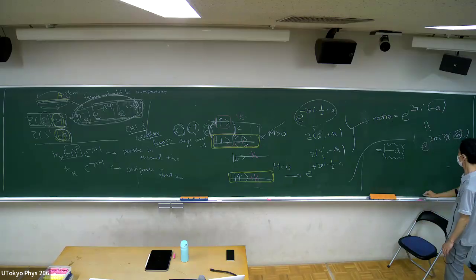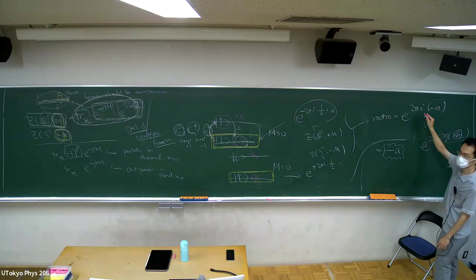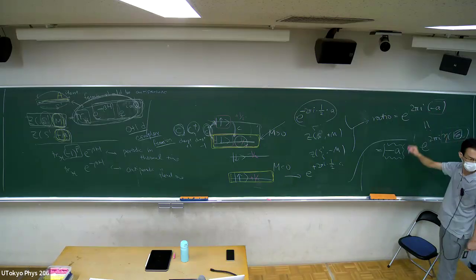So by comparing, you get that the eta invariant is really minus A.